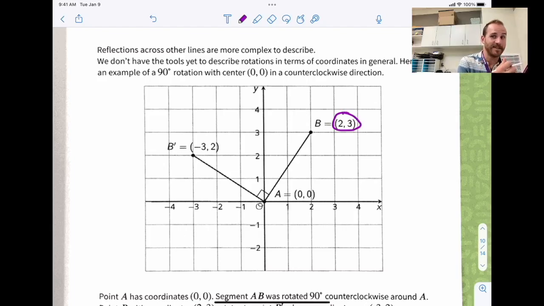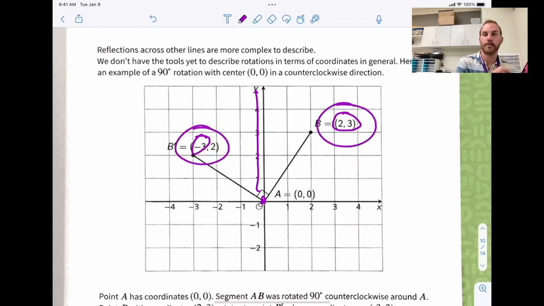A similar thing with rotations tends to happen, but that's only if the center is the origin, the point 0, 0. Rotations are kind of complicated like this. They're very, very specific. You're only going to see this pattern happen if we're rotating around the origin, and that's just the way it is.